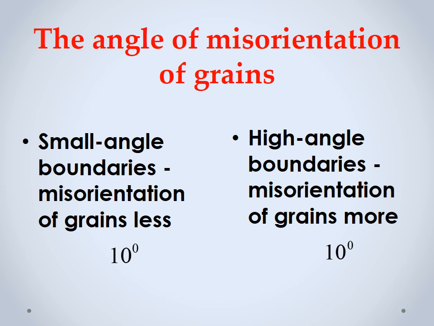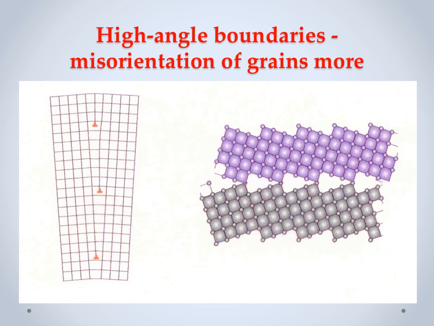The larger the misorientation angle, the shorter the distance between dislocations in the wall. At disorientation angles greater than 10 degrees, this dislocation model is unacceptable, since dislocations merge.